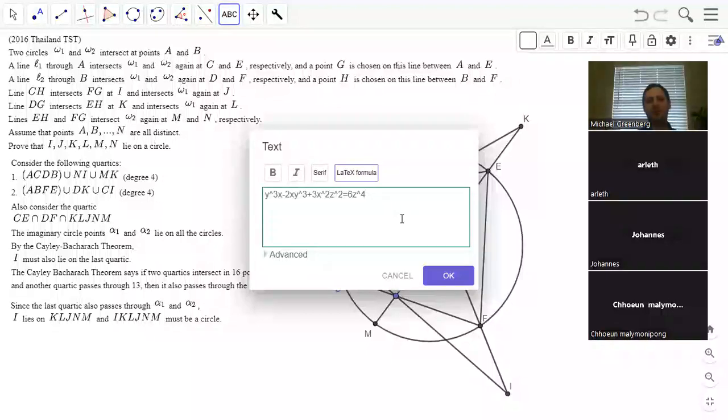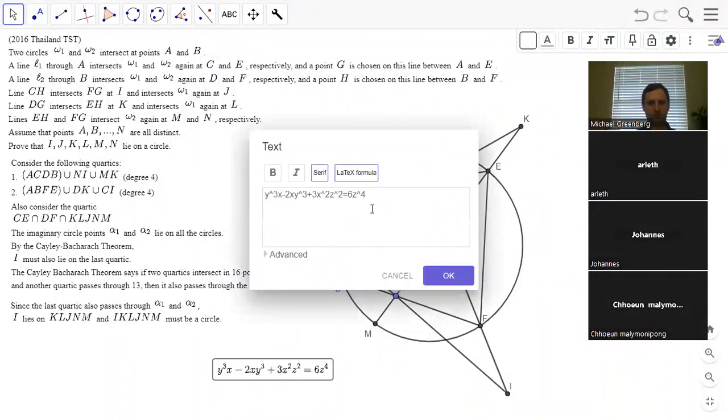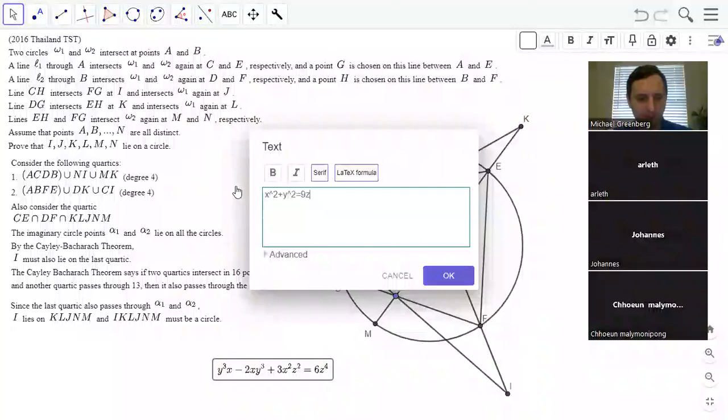at infinity. And one way you can show that they exist and that they are actually on every circle is, if you write down the equation for a circle, for a general conic you would have terms of x squared, y squared, z squared, and also xy, yz, and xz.